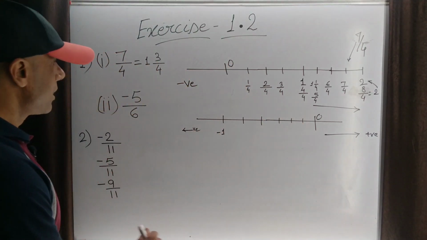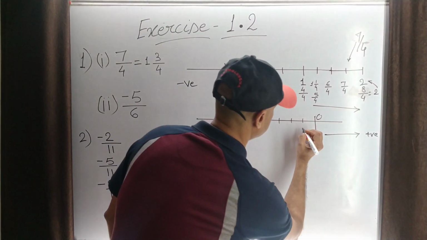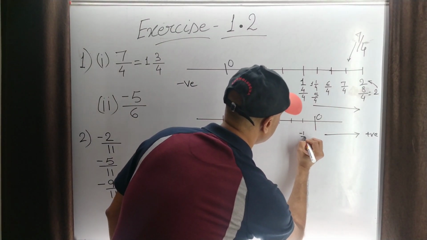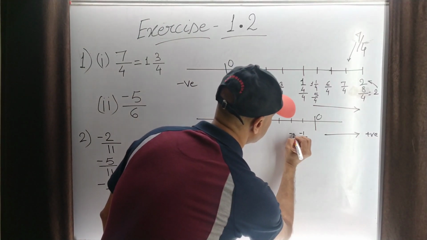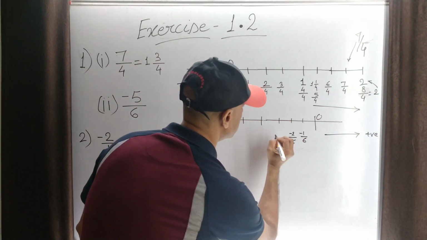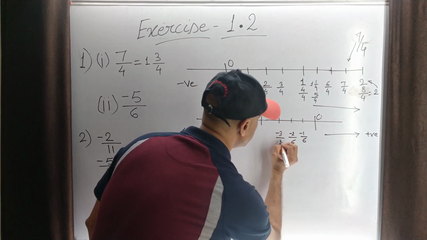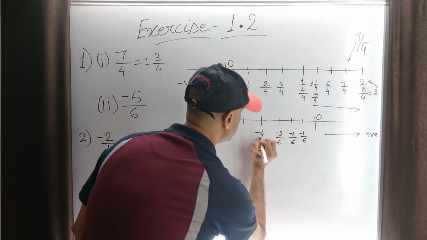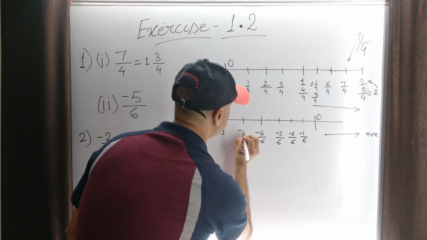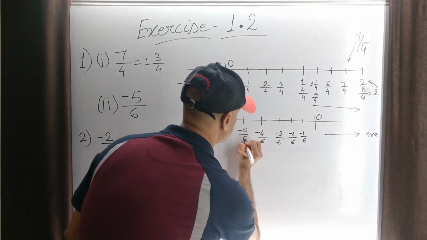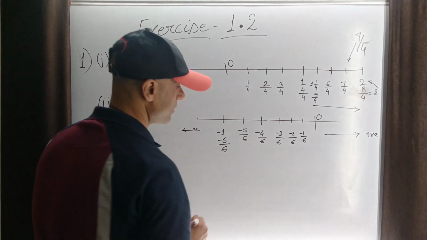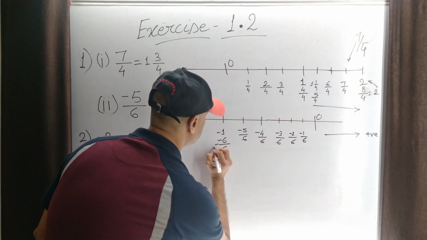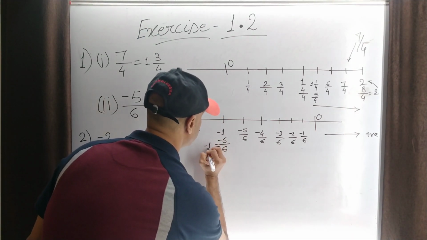Now this will be minus 1 by 6. This will be minus 2 by 6. This will be minus 3 by 6. Minus 4 by 6. Minus 5 by 6. And this will be minus 6 by 6. This equals nothing but minus 1.